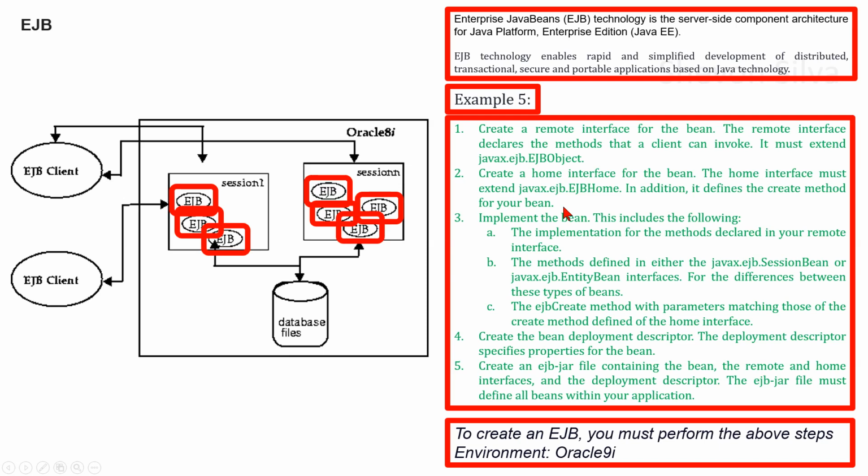Step 3, implement the bean. This includes the following: the implementation for the methods declared in your remote interface, and the methods defined in either the javax.ejb.SessionBean or javax.ejb.EntityBean interfaces.